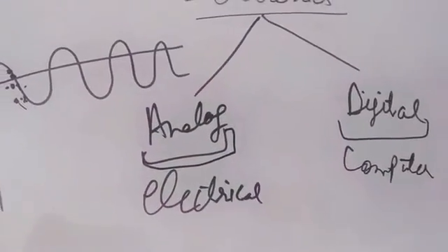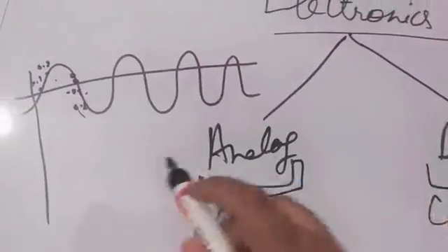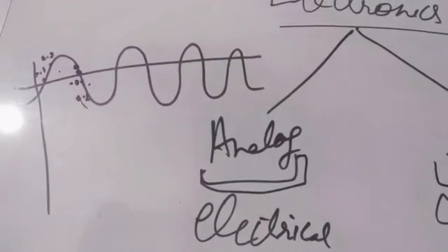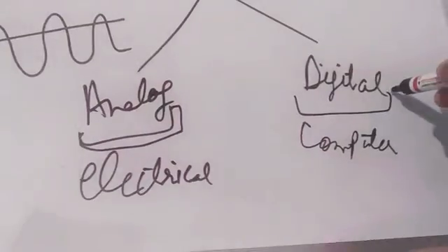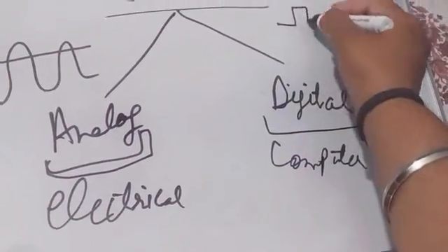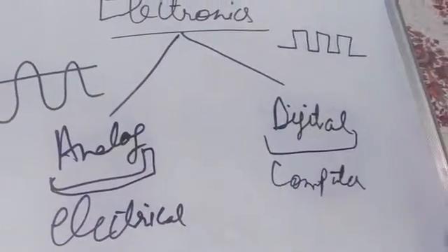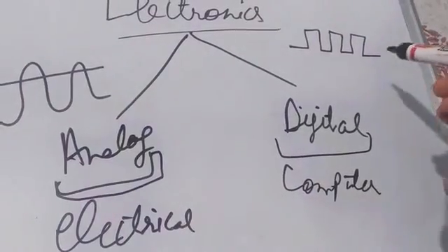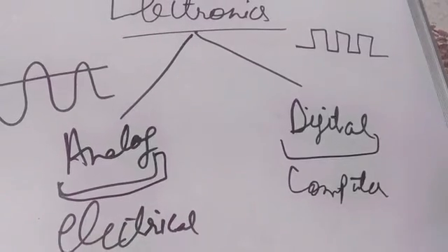In analog electronics, there was one major problem: it gives us the approximate result. It doesn't give us the appropriate result, right? A digital system always gives us the output in this form: either 0 or 1. Basically, this concept helps us to find the appropriate result for a particular problem, right?